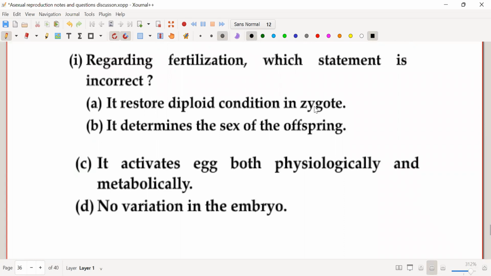It restores diploid condition in zygote. It determines the sex of the offspring. It activates egg both physiologically and metabolically. No variation in the embryo.